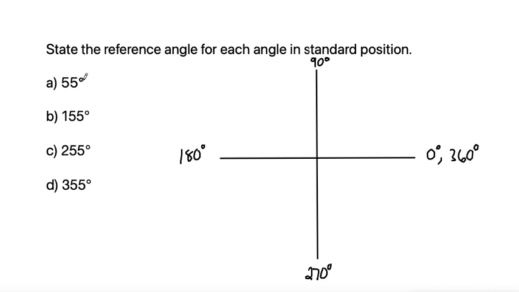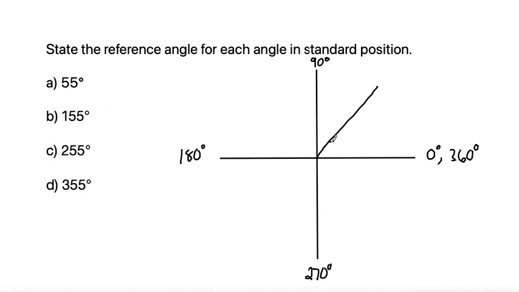So 55 degrees would be between 0 and 90 degrees. So the terminal arm we can draw in quadrant 1. It doesn't really matter where we draw it. We just know it's going to be between 0 and 90, so we can draw the terminal arm here. The reference angle is always going to be between the terminal arm and the nearest x-axis.